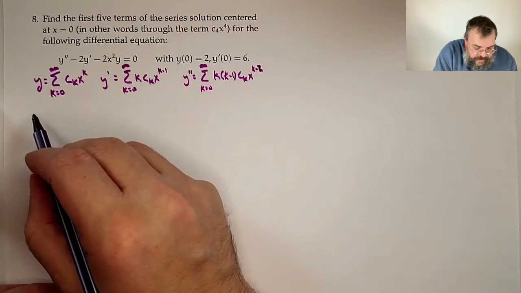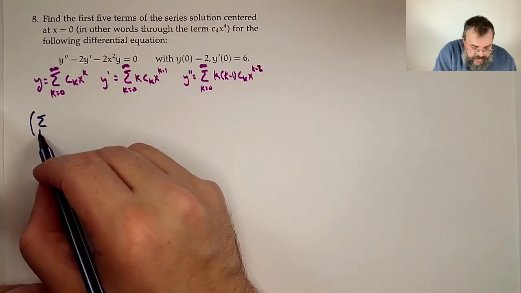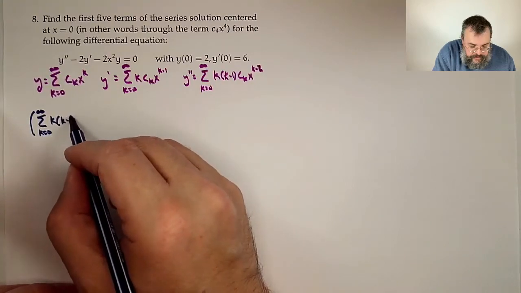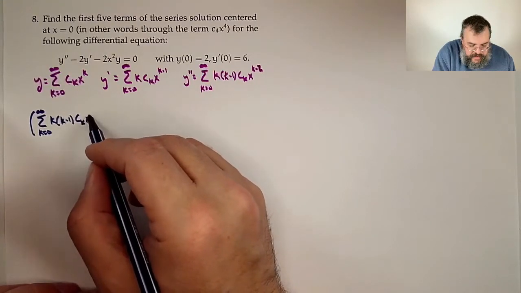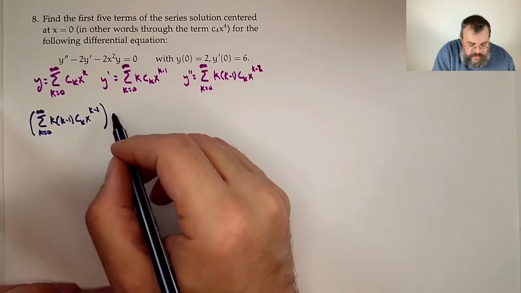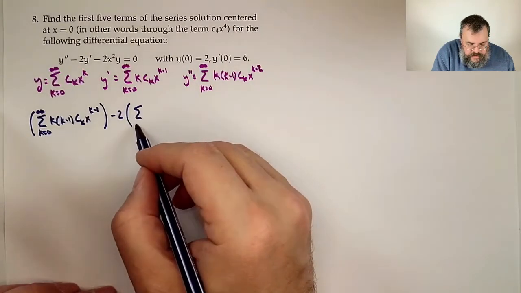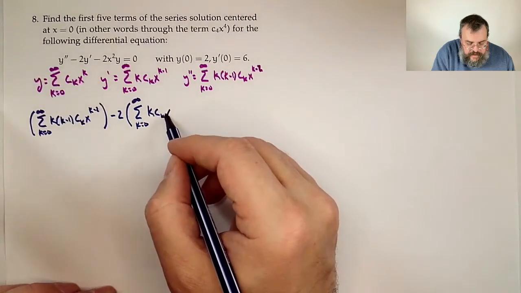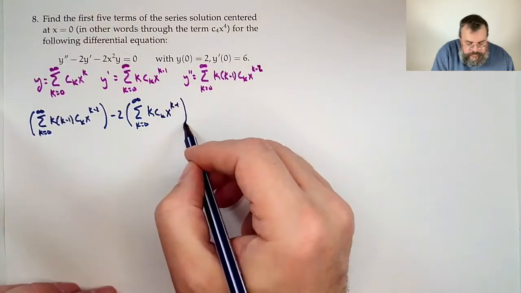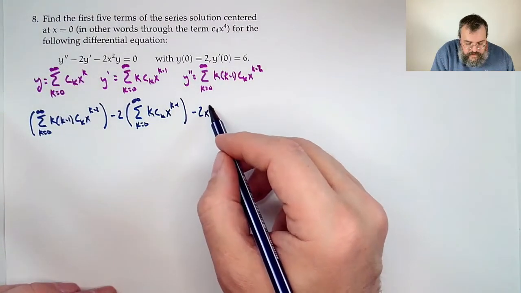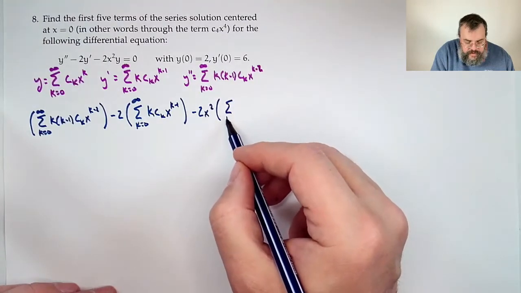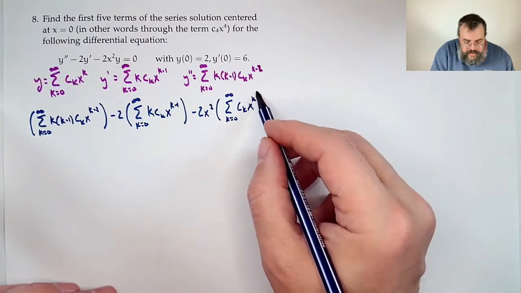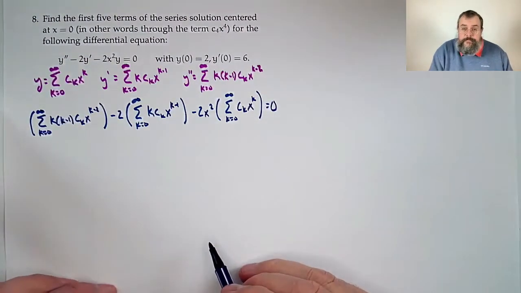For y double prime, we get the sum, k equals 0 to infinity, k times k minus 1, c sub k x to the k minus 2, minus 2, sum k equals 0 to infinity, k c sub k x to the k minus 1, and then minus 2x squared times the sum k equals 0 to infinity, c sub k x to the k, and all that equals 0.